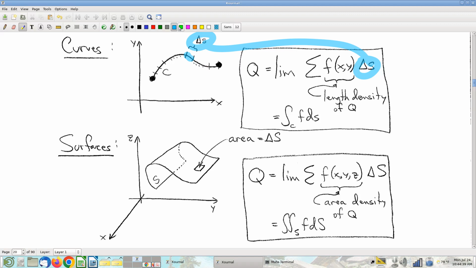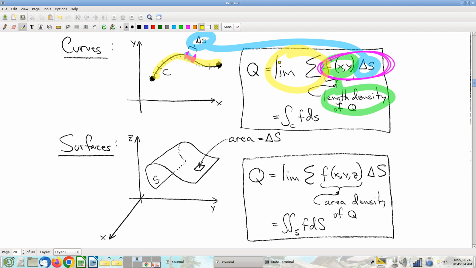Given the location of that piece, I could talk about the mass per unit length on that little piece. And then this product, mass per unit length times length, would tell me how much mass, or whatever my quantity of interest is, there is on that little piece. And then I would just add that up over all the pieces, and that would tell me the total mass. I chop it up, add it up.